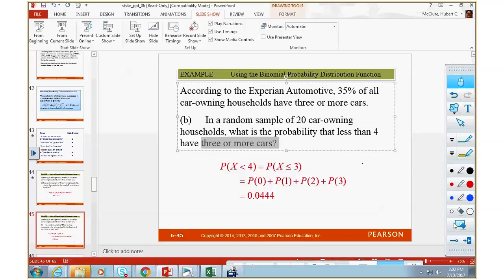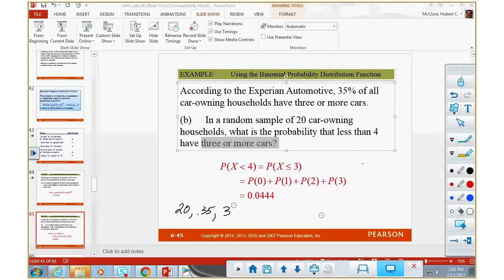So that means you're going to have to do this. N is what? 20, comma, 0.35, comma, less than 4 would be 3.